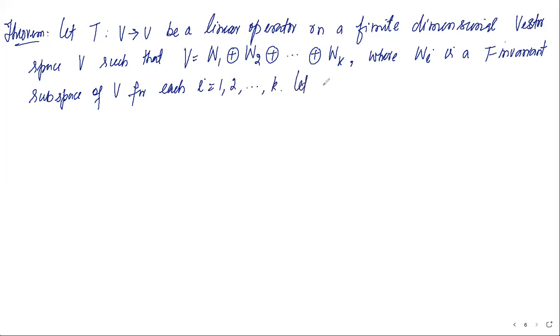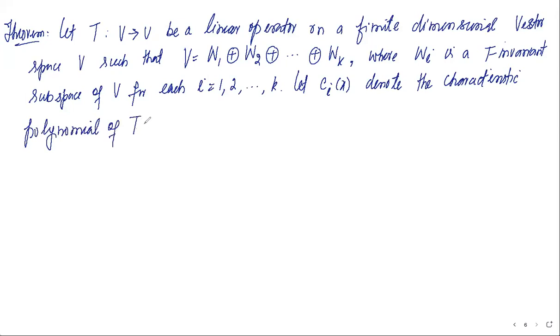Let Ci of x denote the characteristic polynomial of T_Wi, which is the restriction of T from V to Wi.